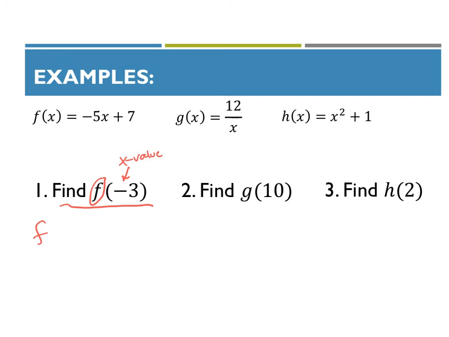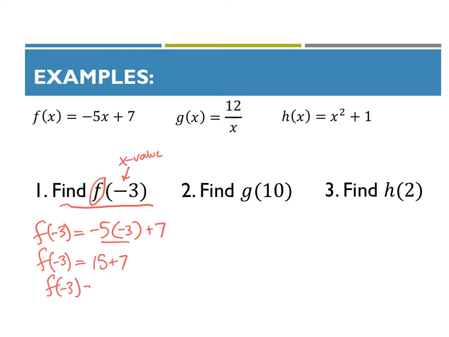And so if I sub in negative 3 for x and evaluate, looks like I get positive 15 plus 7, and so I get f of negative 3 equals 22, and that would be my answer.